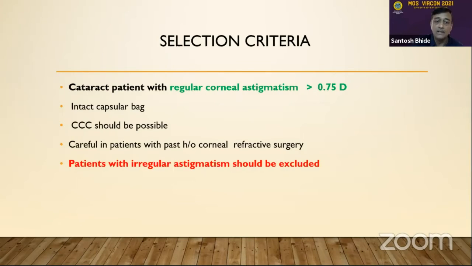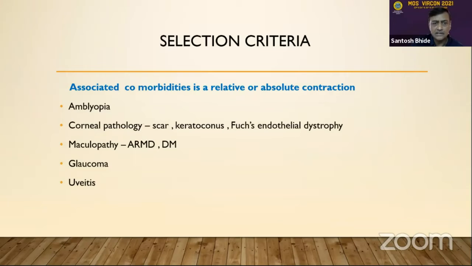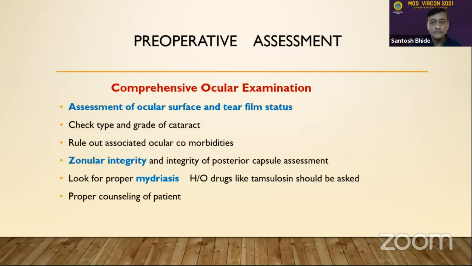Patients with irregular astigmatism should be excluded. There are some relative or absolute contraindications for toric implants like corneal scars, keratoconus, Fuchs endothelial dystrophy, patients with ARMD, diabetes, glaucoma, uveitis, and amblyopia.